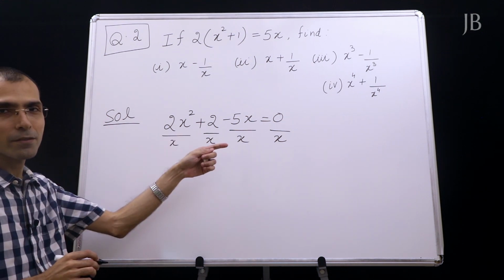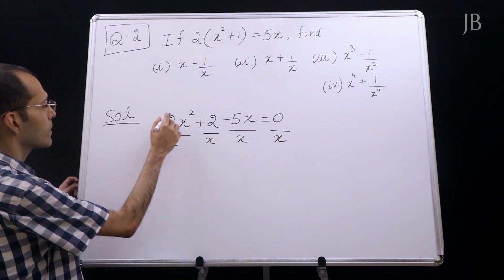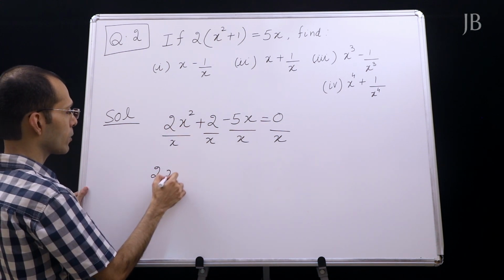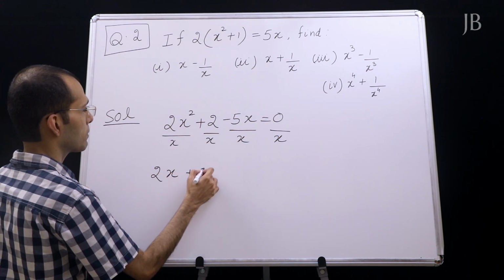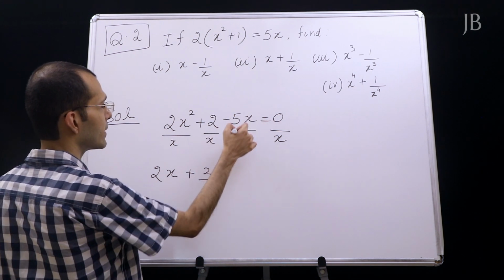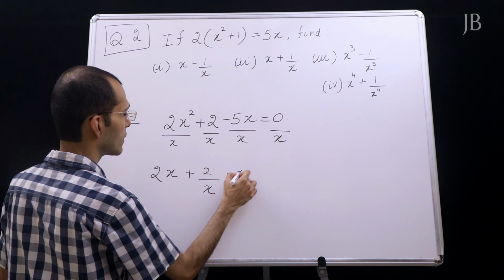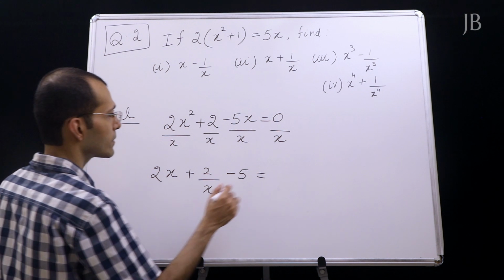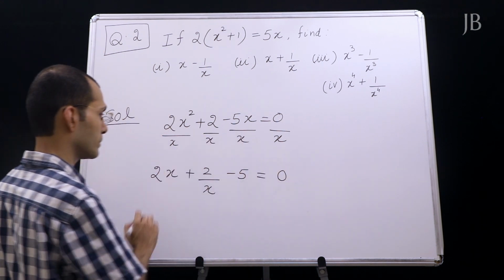It is good to show this step. Now here you will have 2x square upon x will be what? 2x plus 2 upon x, so it will remain like that only. X and x will nicely get cancelled here. Minus 5 is equaling 0 upon x. 0 upon x is 0.